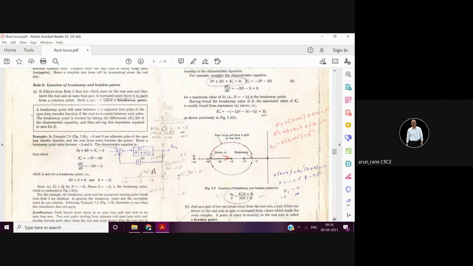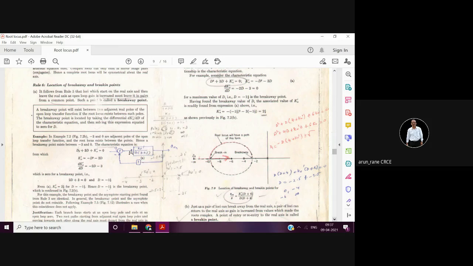Okay. So how many poles? There will be two poles, that is minus 3 and 0. How many finite zeros? No finite zeros.